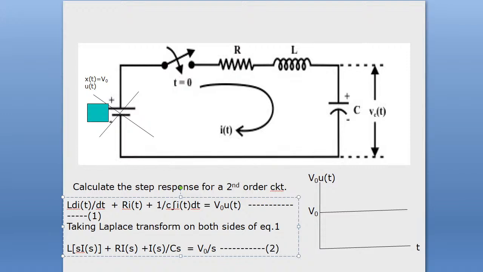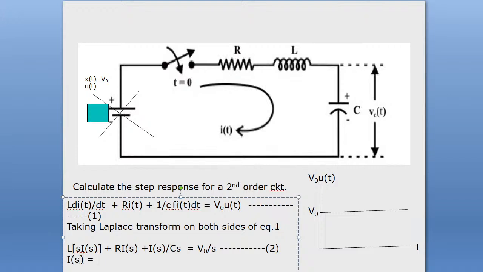So you just rearrange this equation. You write I of s on the left hand side of equation 2 and write the remaining terms on the right hand side of equation 2. Everyone solve it yourself.